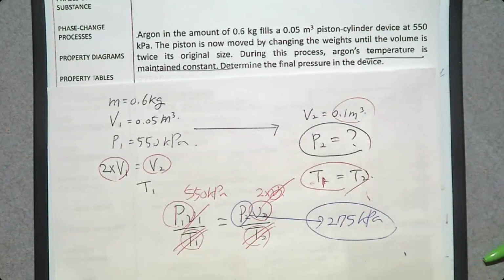Very simple, because argon behaves like an ideal gas. As long as you can assume that it behaves like an ideal gas, the problem becomes super easy. Even my 4-year-old boy can solve it. No, he can't.